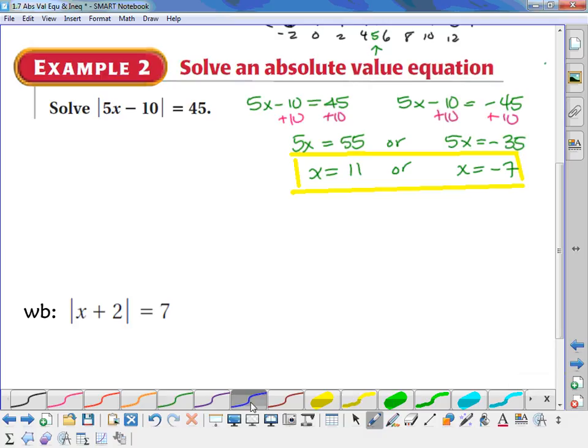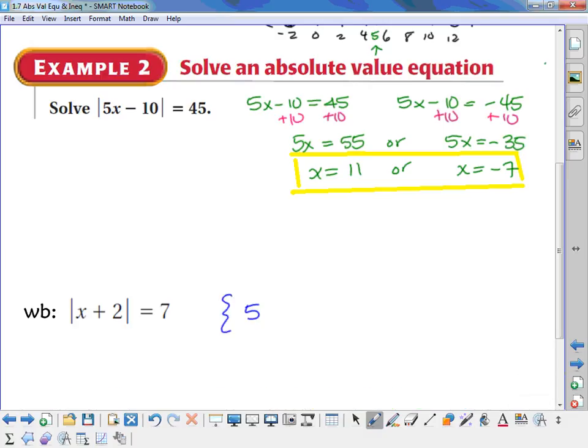We've got either a positive 5 or a negative 9. And that's another way you can write the answer, with the brackets. That's the solution set. It means the same thing as up above where we wrote it with x equals 11 or negative 7.